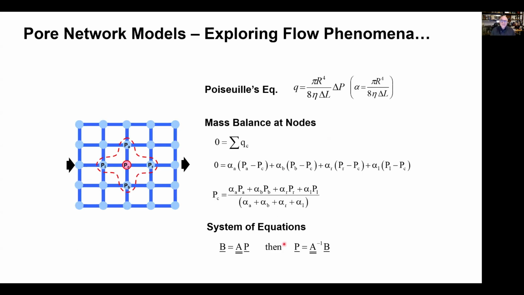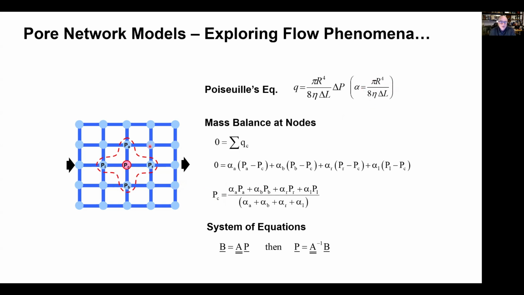Now, let's learn a few more things from pore network models, which we have done in other videos. You may want to refresh, but the essence is that the flow converging to a node is the sum of the flows that come from all the interconnecting pipes. And then if we use the Hagen-Poiseuille equation, now we can relate all these flows by the tube radius and compute the pressure at the center node as a function of the pressure in the neighboring nodes, weighted by these alpha factors, which come from the Hagen-Poiseuille equation.